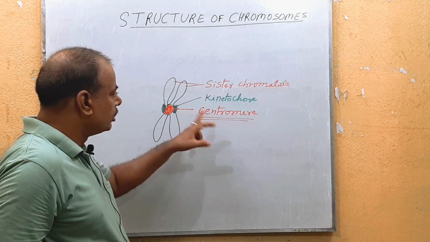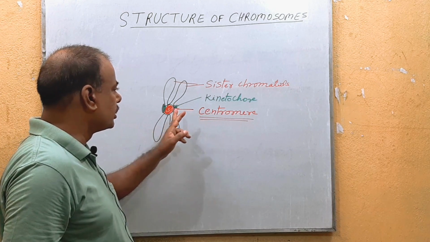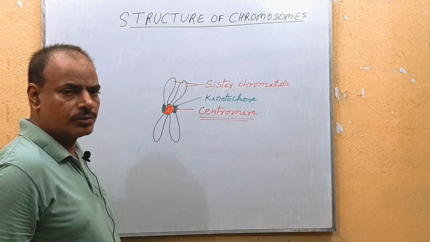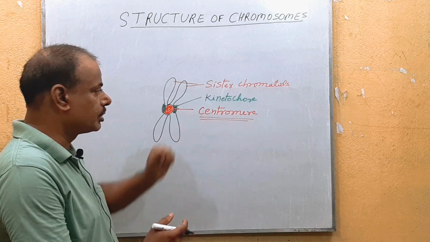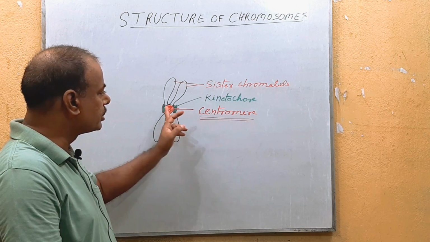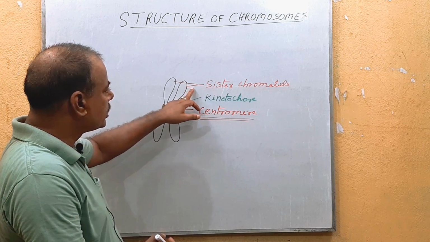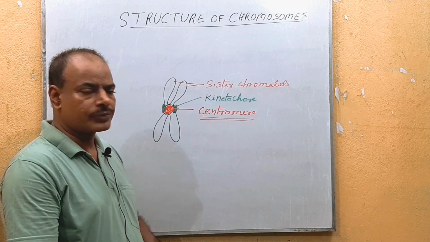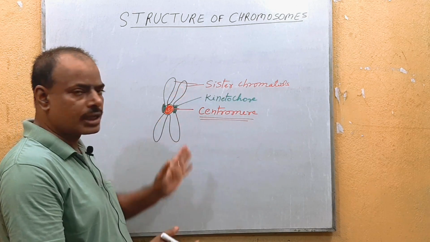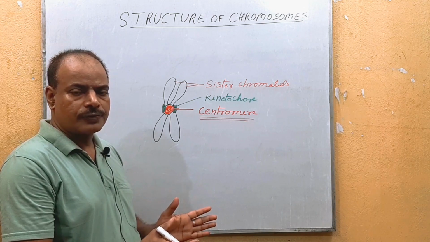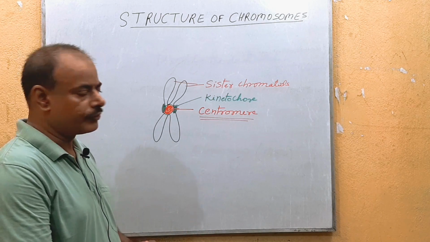The spindle fibers are attached with the kinetochores, which surround the centromere, and the centromere is the point of contact between two sister chromatids. These are the two sister chromatids because they are parts of a single chromosome.